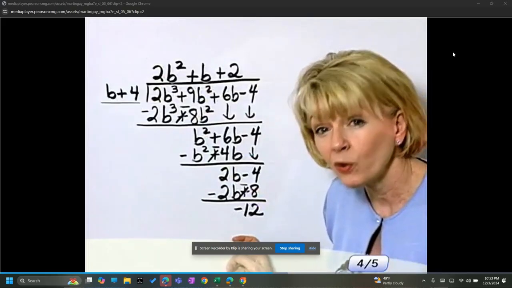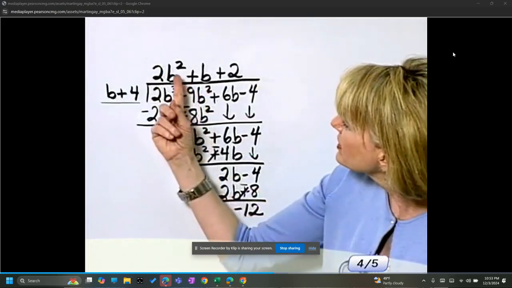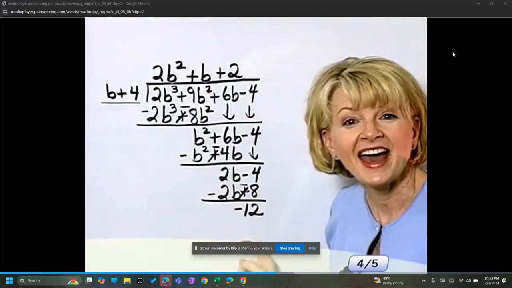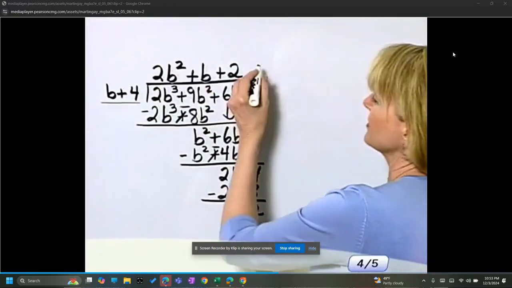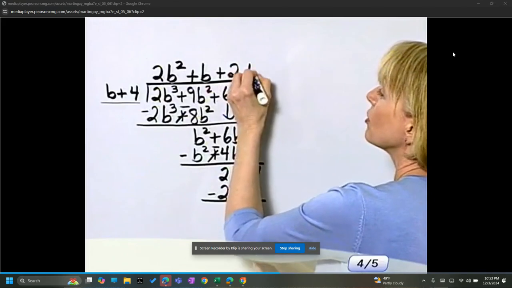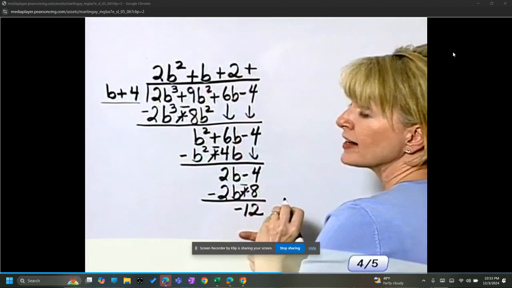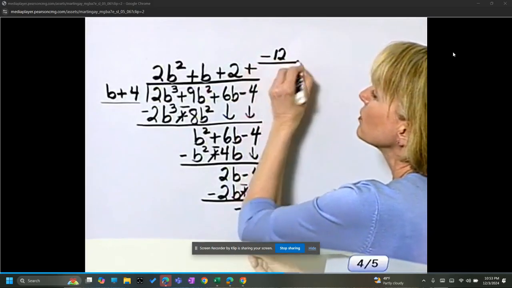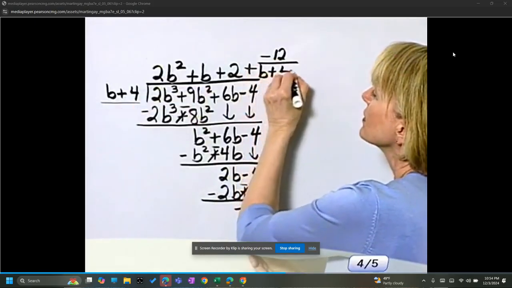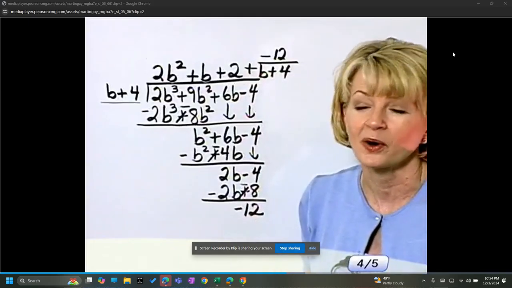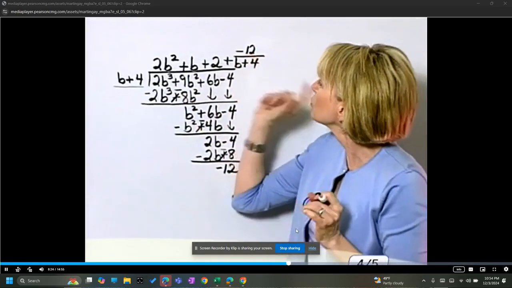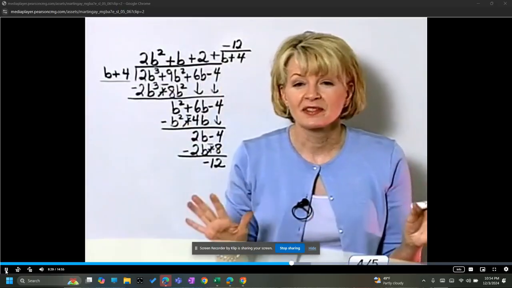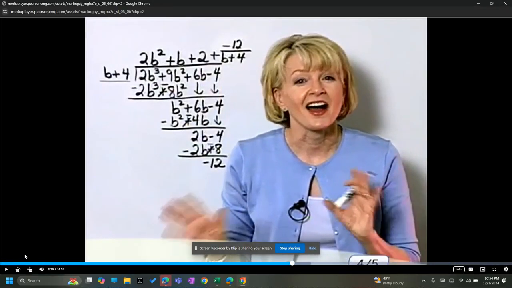So what is my quotient? My quotient is 2b squared plus b plus 2. Then we will write this as a fraction, just as we did when we first long divided. I can always write it as plus this remainder, negative 12, over the divisor of b plus 4. By the way, if you're wondering, since this is just one term, can I just make this minus and make this 12? Absolutely fine.